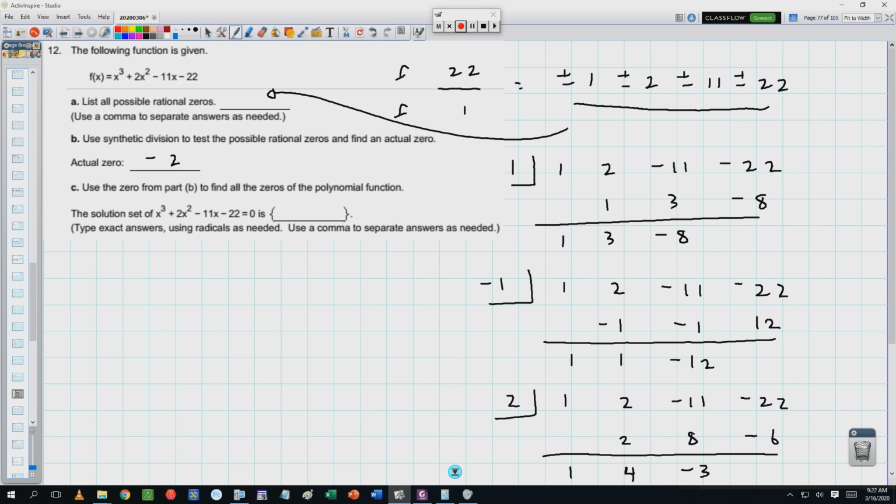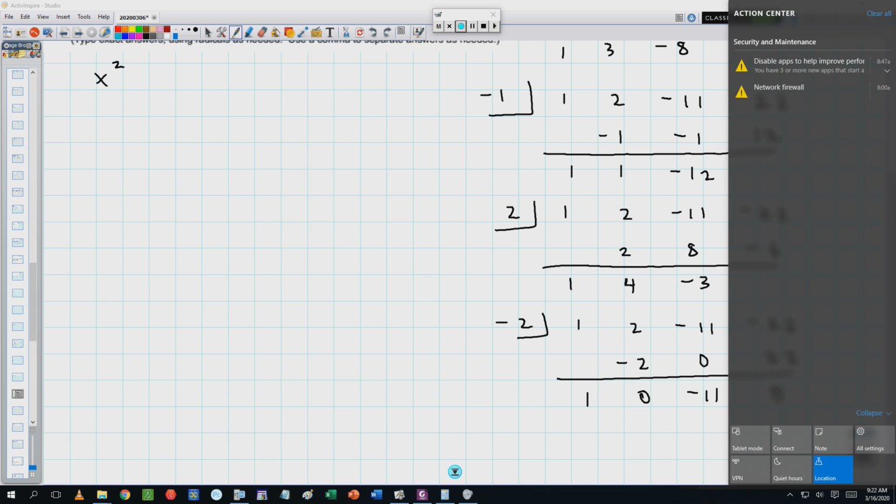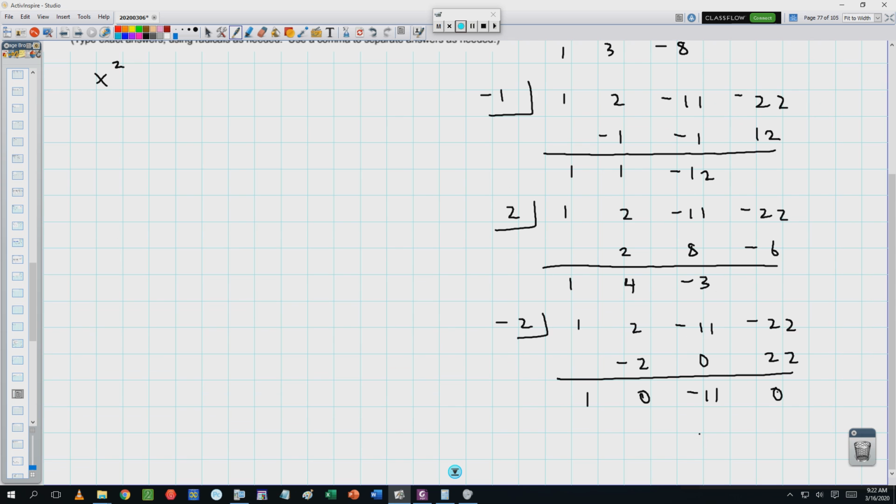We had x squared. What was the result? X squared minus 11 was the result.